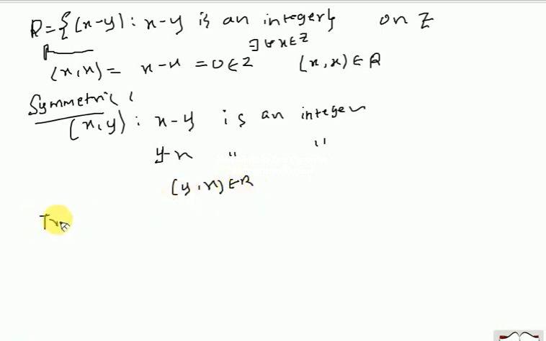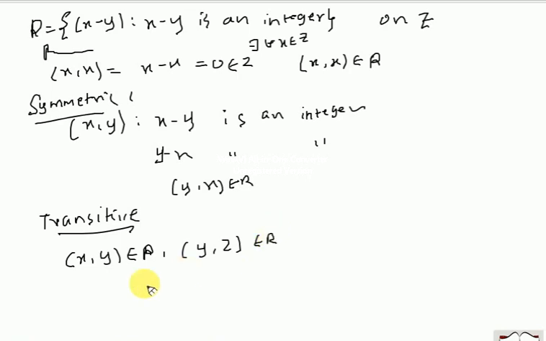Then finally we have transitive. For transitive we need to take (x, y) belongs to R and (y, z) belongs to R. Now (x, y) belongs to R means x − y is an integer, let me consider that integer as L. (y, z) belongs to R means y − z is an integer, I will consider it as M. We need to prove x − z is an integer.